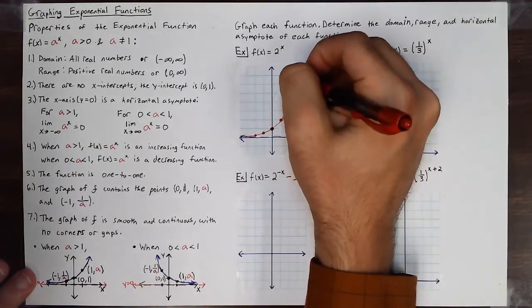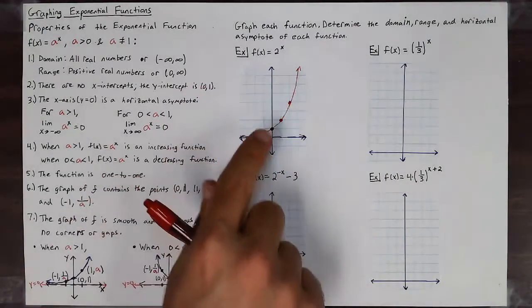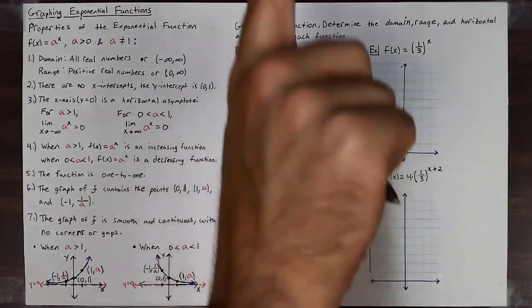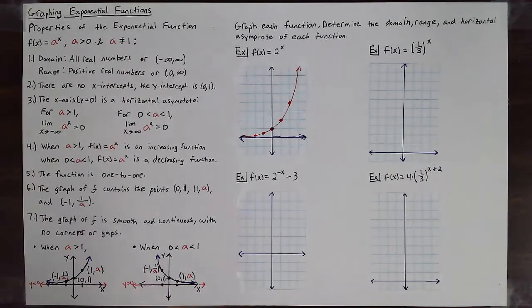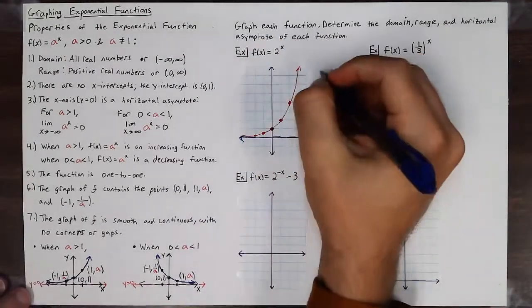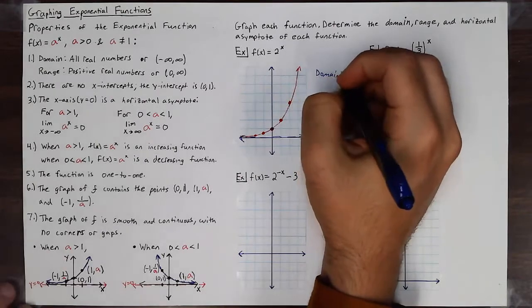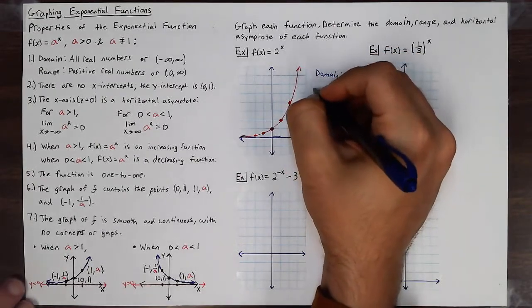It curves and then grows very steadily. In fact, if you were to zoom out on this graph, it would almost look like it's going vertically straight up. Now let's identify the domain of this function. For all exponential functions, the domain should be all real numbers.